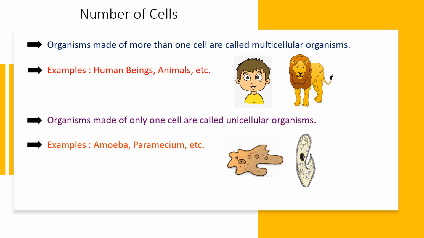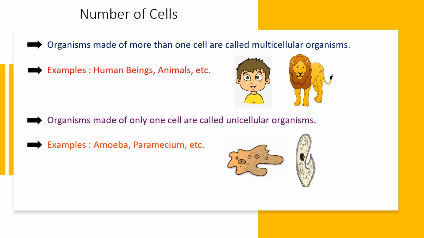Mostly all human beings, animals and plants are multicellular organisms. Multicellular organisms have similar types of cells grouped together to perform particular functions, and different cells carry out different functions.